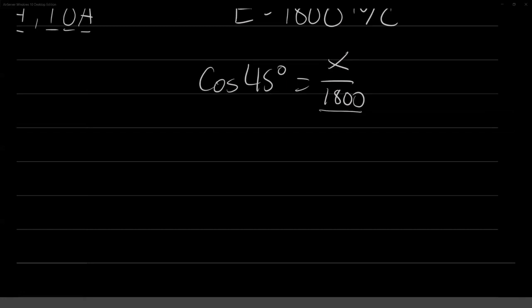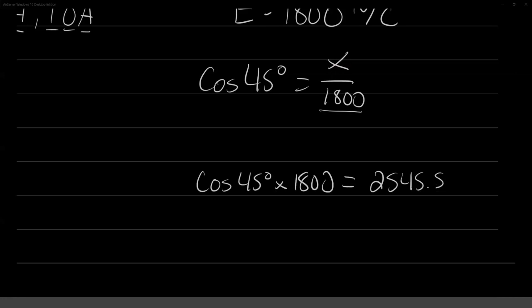So the way you would solve this is on your calculator, the cosine of 45, make sure you're in degree mode, times 1800. I got 2,545.58, and that would be newtons per coulomb.